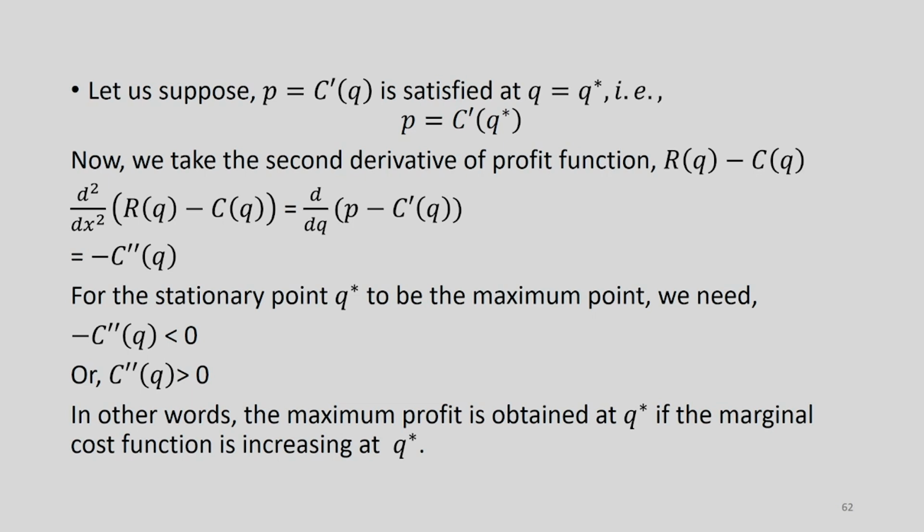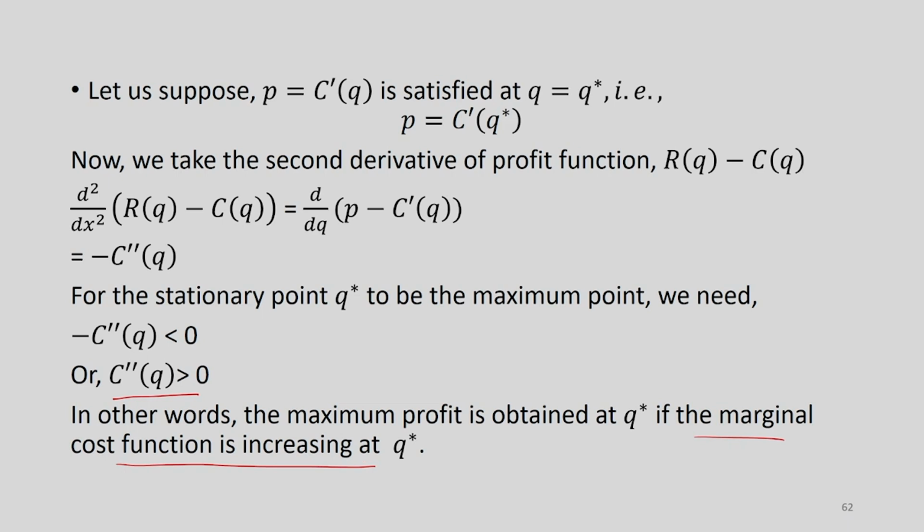So, this is the necessary condition, that is, if there is a point where profit is maximized, then this particular condition has to be satisfied. And the sufficient condition is that at that very point the marginal cost should be rising, the cost function should be convex. So, the marginal cost function is increasing at q star.